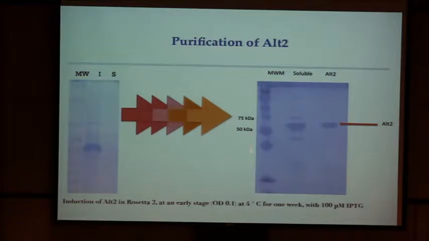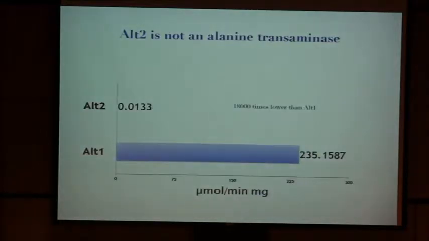And then we had the protein in a soluble phase. The first thing that I did when I had the protein was to measure the activity and compare it with the activity of L1. And when I measured, I understood that L2 doesn't have this activity.